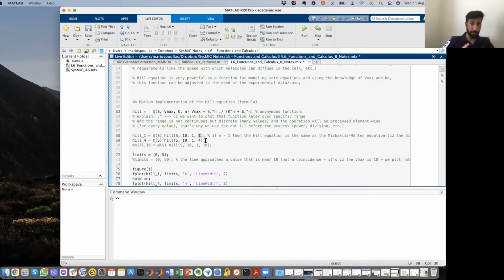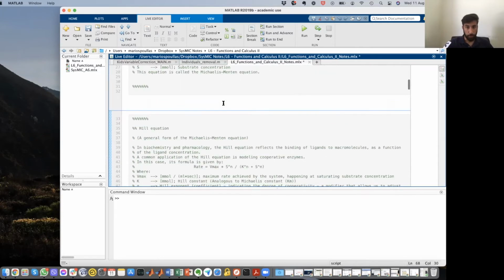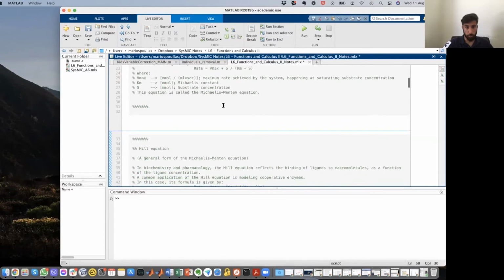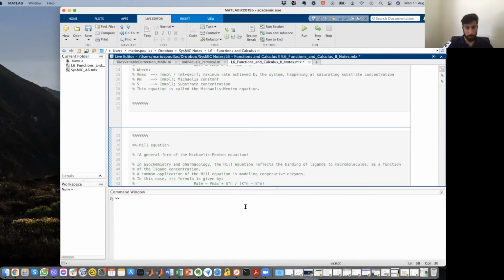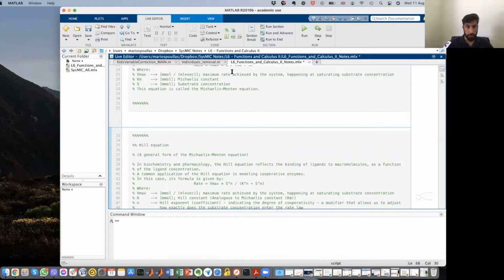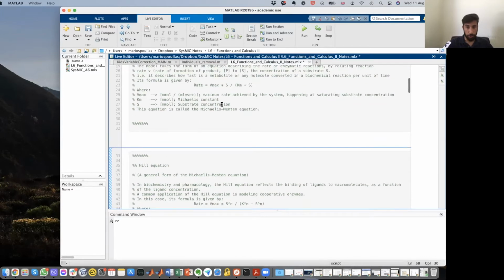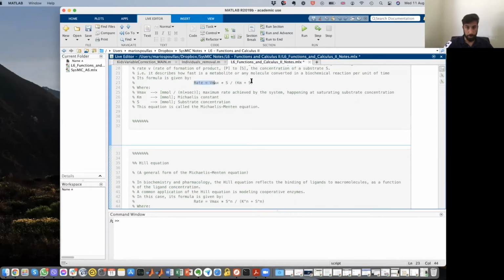If the exponent is equal to 1, that means that the Hill equation is the same as the Michaelis-Menten equation. If I go back and compare the two equations, the one you can see here and the one below, you can see that the only difference is the power of n.